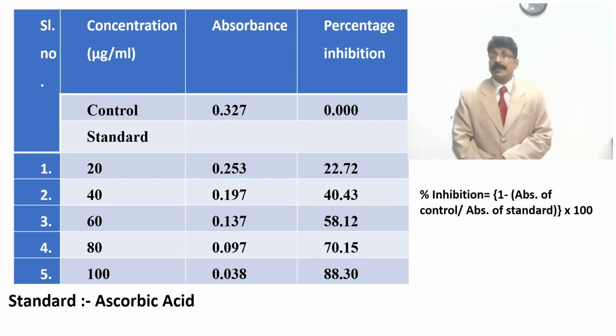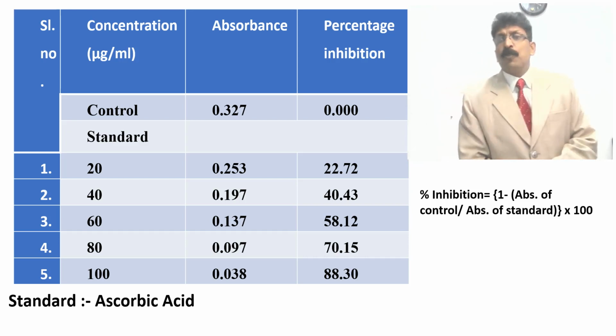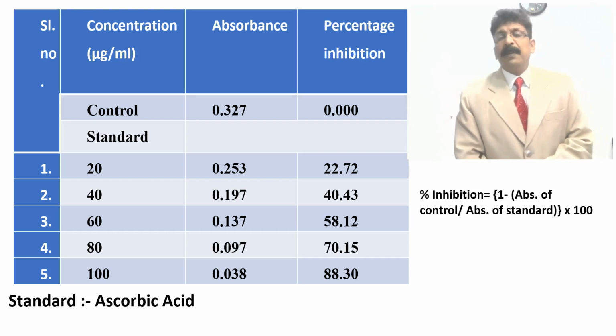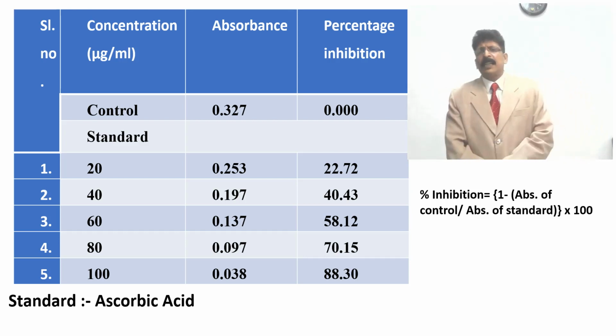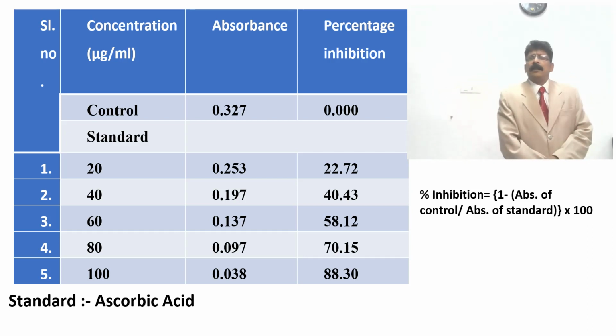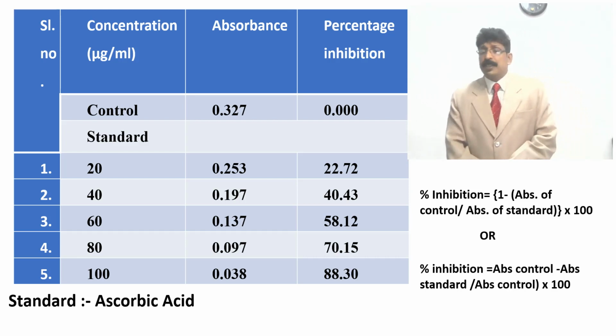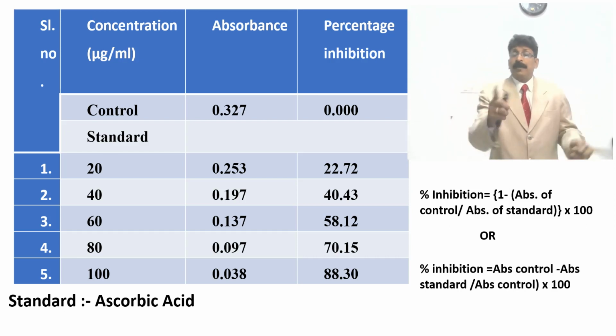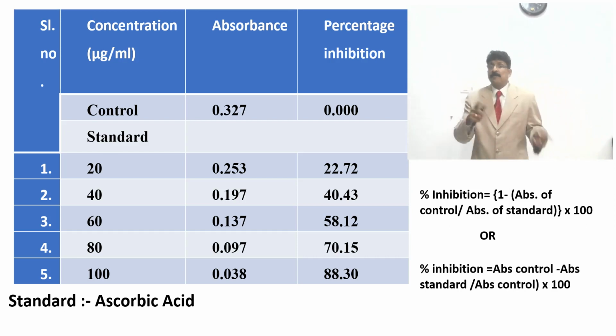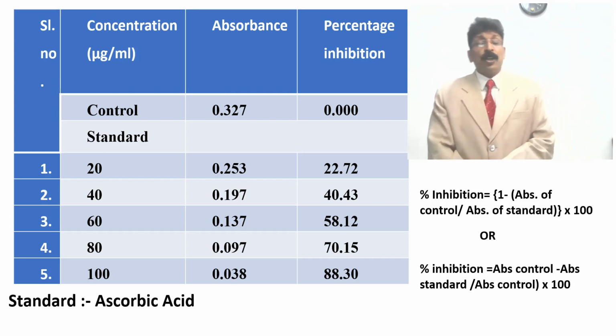You can see very clearly the absorbance which you have got. So I have shown a very interesting experiment with a good result. Percentage inhibition is 1 minus absorbance of control divided by absorbance of standard, into 100. Or you can use the other form: absorbance of control minus absorbance of standard, divided by absorbance of control, also into 100.